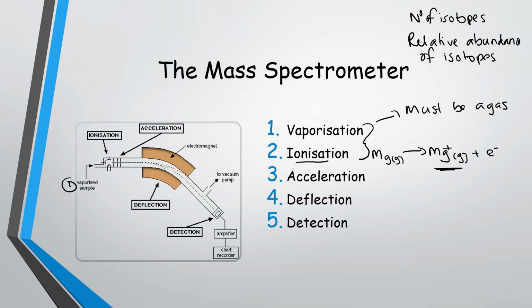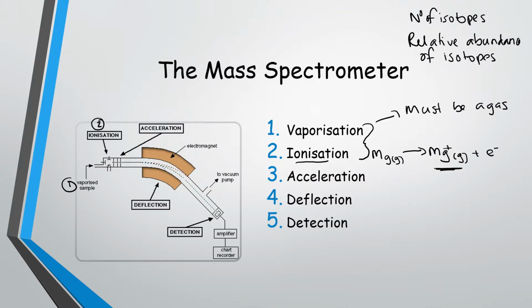So it's very important here that when you do an ionization, they are gases. Ionization means to make ions. This occurs here.